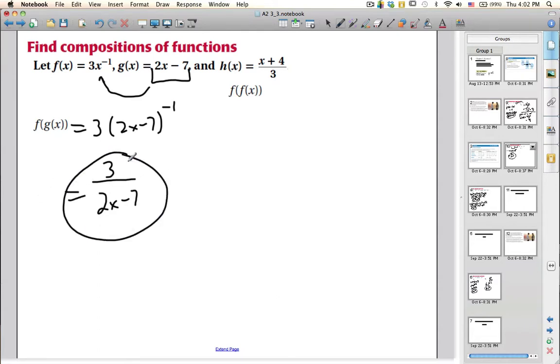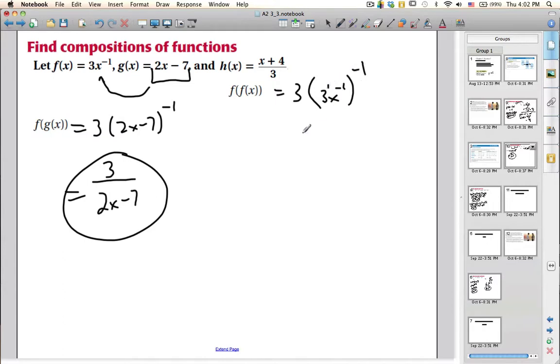Okay, that's the composite. I can also combine a function with itself, so I want to find the composite of the f function and the f function. So in that case, I'm going to have 3 times the f function, which is 3x to the negative 1 power, to the negative 1 power. Now, when I take a power to a power, this is 3 to the first power, I'm going to multiply the exponents.